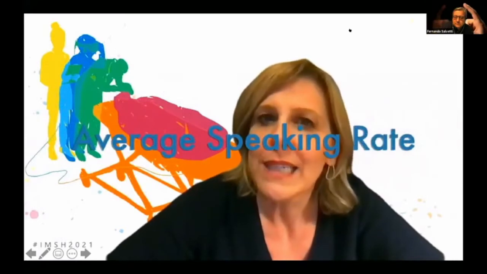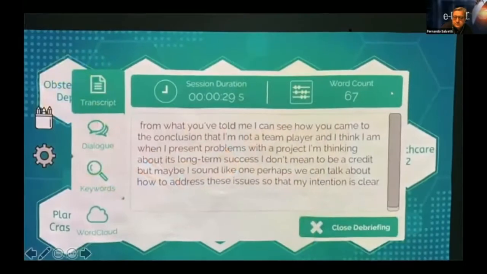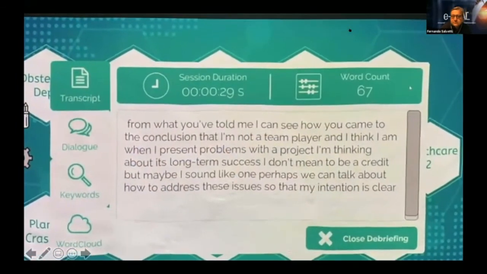The average speaking rate usually is expressed in words per minute, the number on the upper right side of the screen. According to the National Center for Voice and Speech, the average conversation rate for English speakers in the United States is about 150 words per minute, but several factors could affect the overall speaking rate, such as mental fatigue and emotional tension.